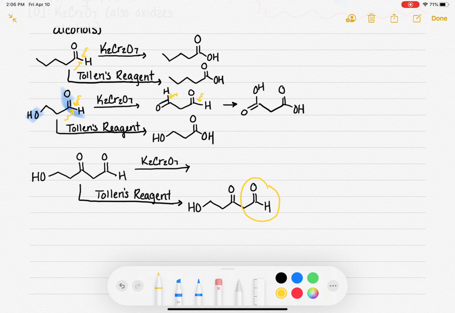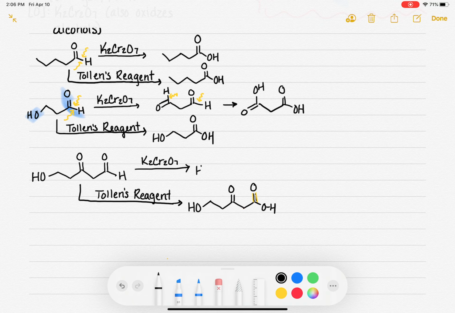The first thing that an oxidizer wants to do is turn a single bond into a double bond, but we already have that double bond, so it can't do that. The second thing it wants to do is squeeze an oxygen into that carbon-hydrogen bond. So that's what it's going to do. So we are going to get an oxygen squeezed into that bond.